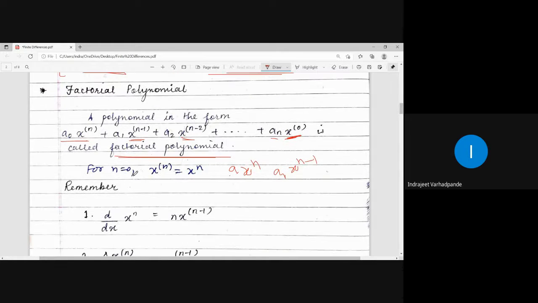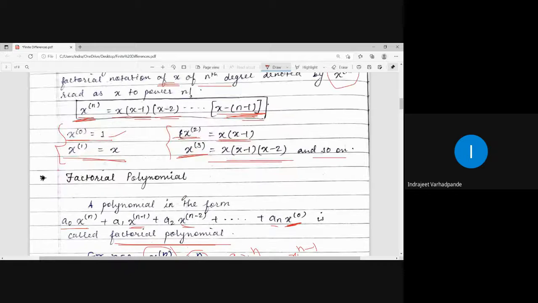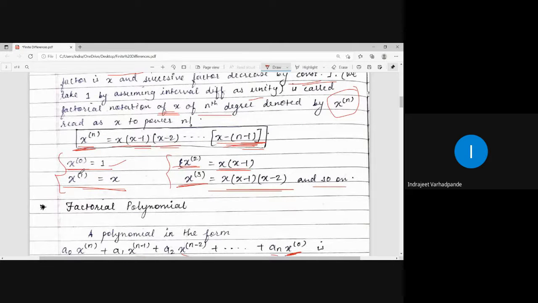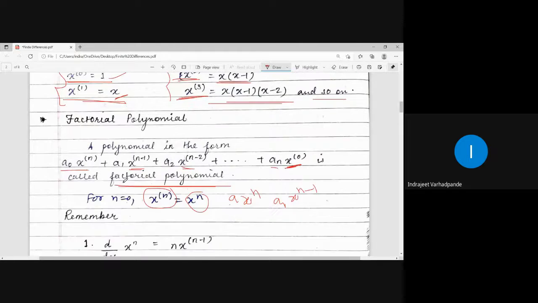So for n equal to 0, x to the power n factorial will be simply x to the power n, because x to the power 1 is x. So x to the power n factorial will be simply x to the power n when n is equal to 0.